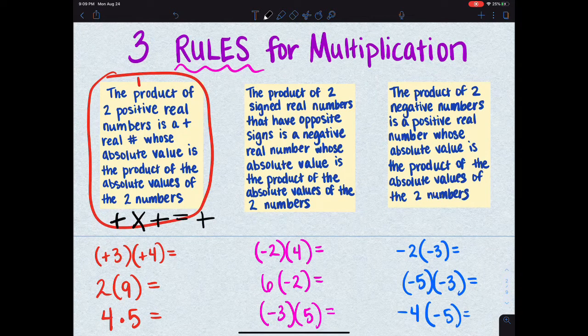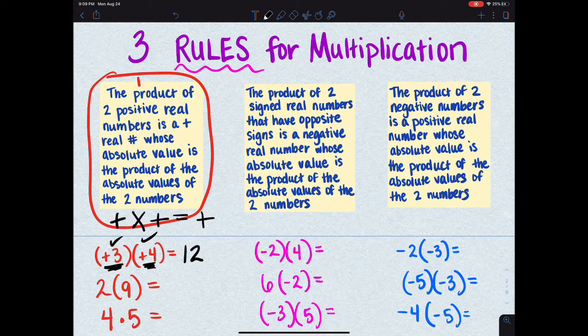Let's do some examples, and the examples are down below. So +3 times +4 is 12. Let's see if that follows the rule. You have 2 positive real numbers that you start with, so check, check. You end up with a product that is the product of the absolute values. The absolute value of 3 is 3, the absolute value of +4 is 4, 3 times 4 is 12.